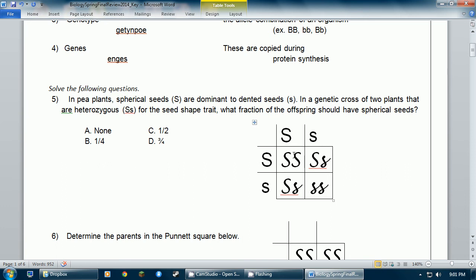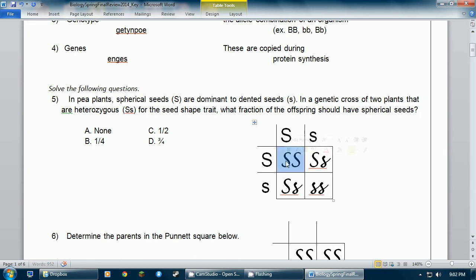So what we have here are 3 different genotypes: homozygous dominant, heterozygous, and homozygous recessive. However, we only have 2 phenotypes, the physical traits. The question asks for the fraction of the offspring that have spherical seeds. It does not care what genes you have, it cares what your overall phenotype is.